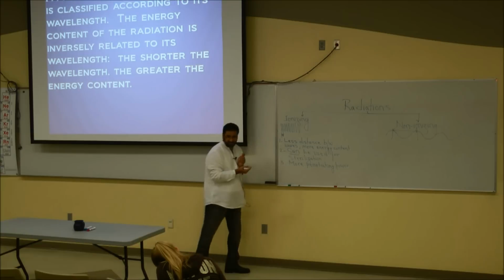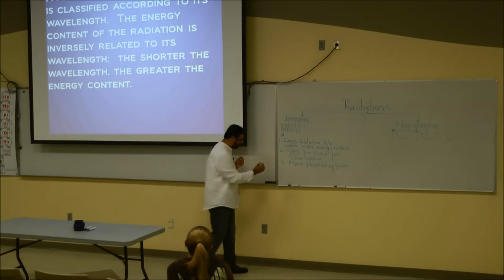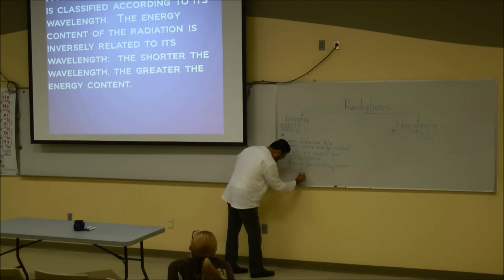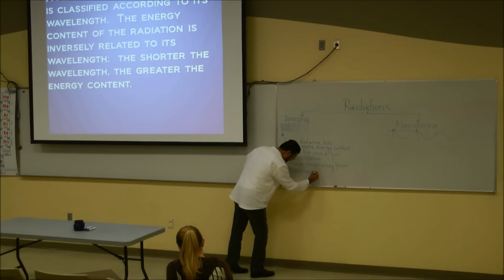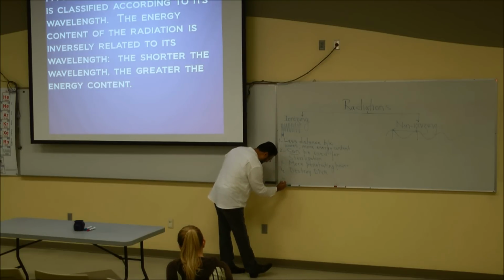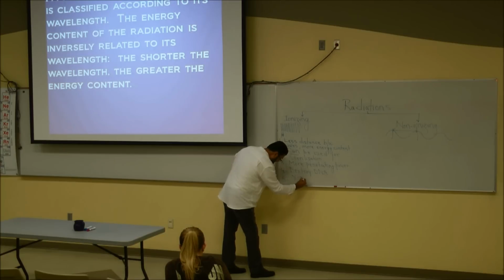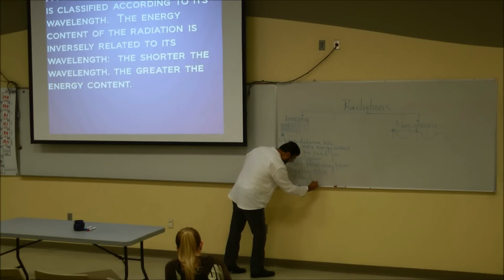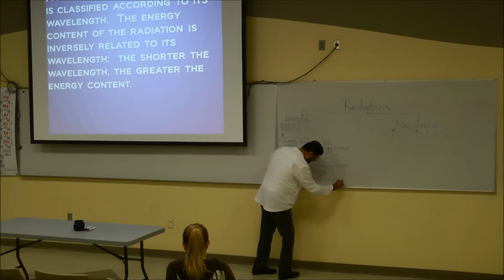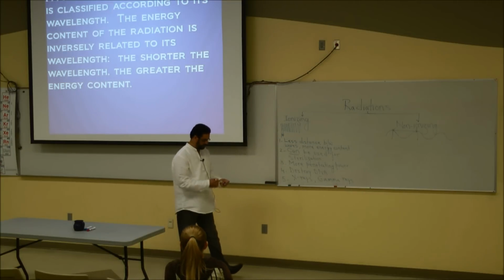How do they accomplish sterilization? They not damage but destroy DNA. And then finally, examples: X-rays and gamma rays. That's the summary of your ionizing radiation.